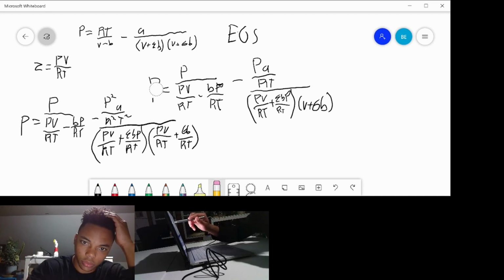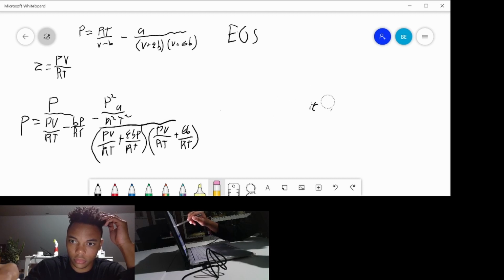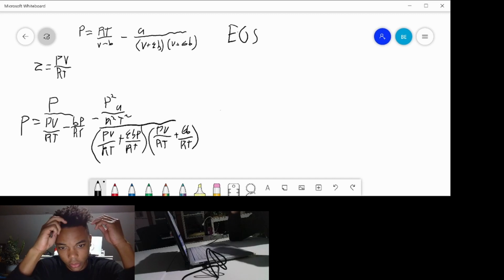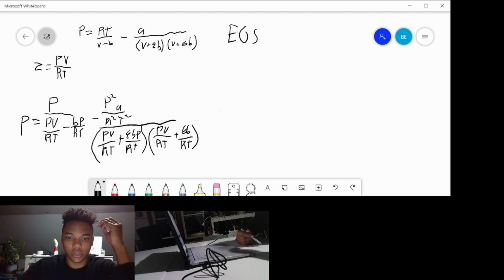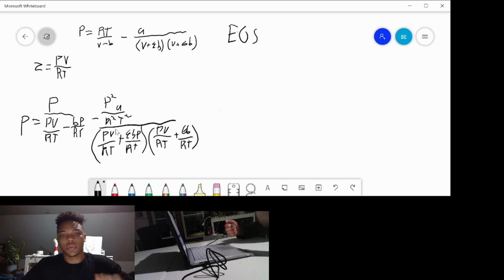Now we have P equals P over PV over RT times our b constant, with P squared a over R squared T squared on the bottom.